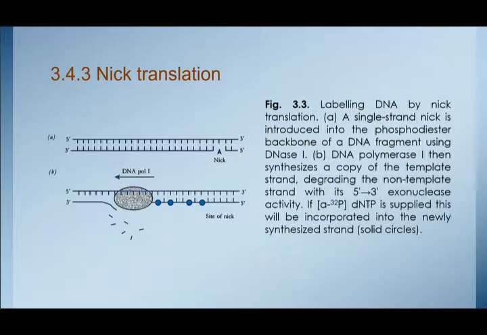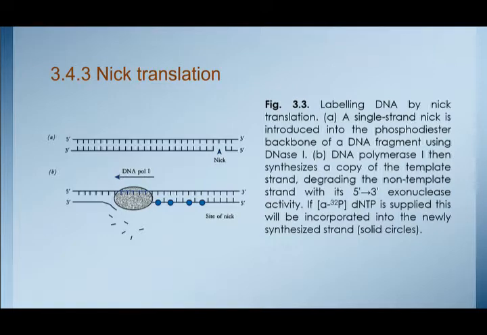Nick translation. Nick translation relies on the ability of the enzyme DNA polymerase I to translate a nick created in the phosphodiester backbone of the DNA double helix. Nicks may occur naturally or may be caused by a low concentration of the nuclease DNase 1 in the reaction mixture.